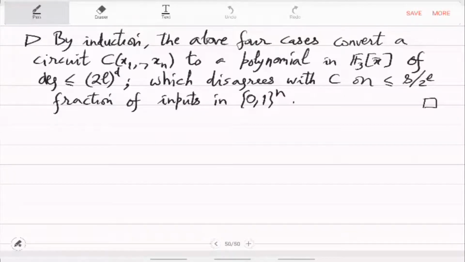Okay, let us now do lemma 2. What is the approximator degree for mod 2?